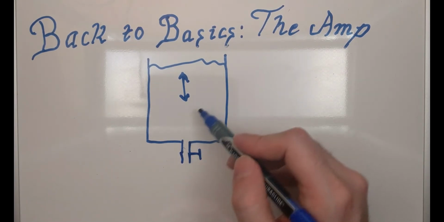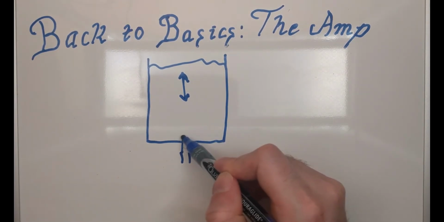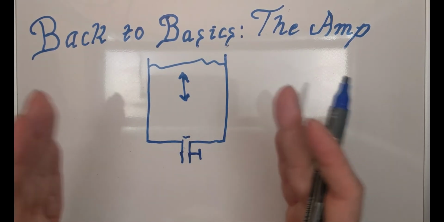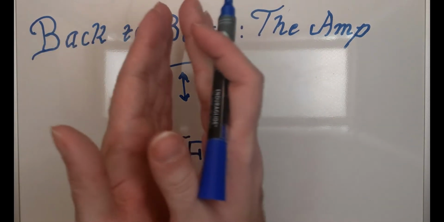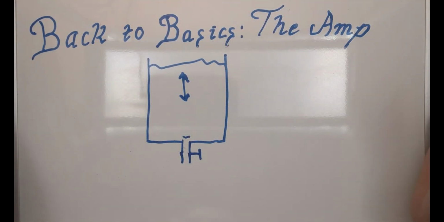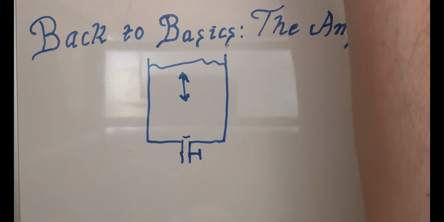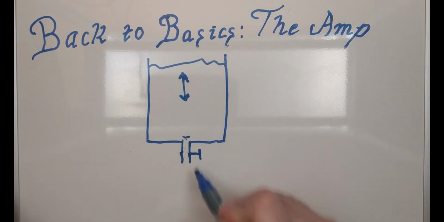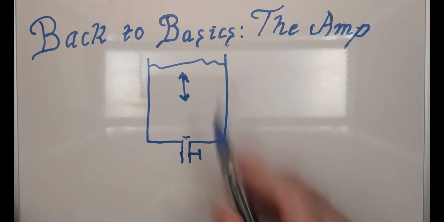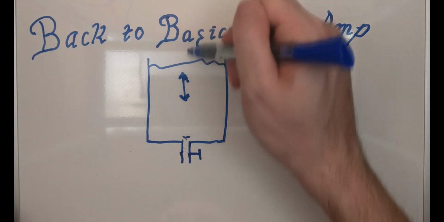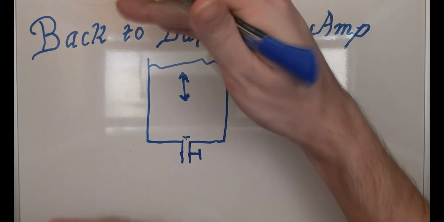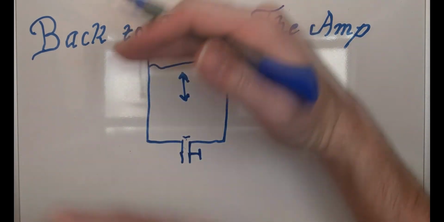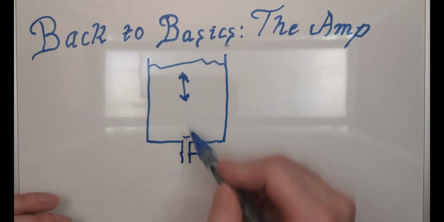If we open that valve, the pressure at this point of the water determines the voltage, because it doesn't matter how wide this tank of water is, the depth of the water determines the pressure, and that's your voltage. As we start draining the water out, the water level decreases and the voltage decreases because the pressure of the water decreases.